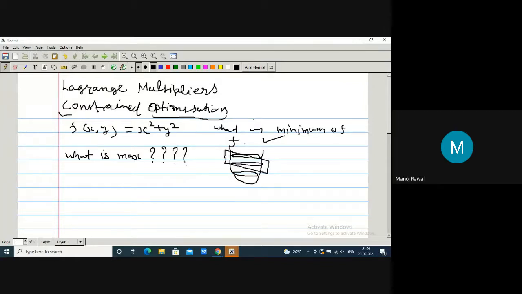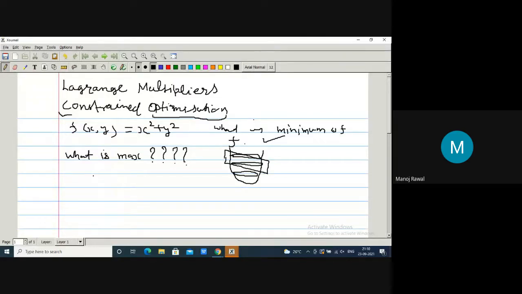We will have one constraint in the beginning. Later on, you can have two constraints also. That means one condition I will apply, and two constraints means we apply two conditions. Then the maxima can be easily found.